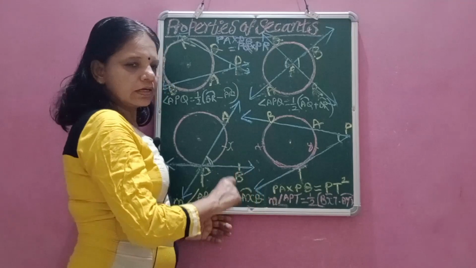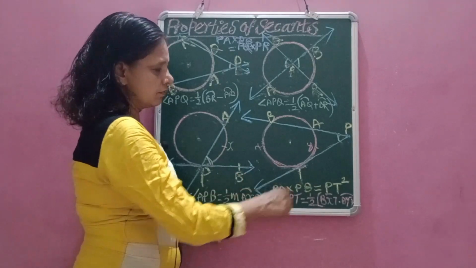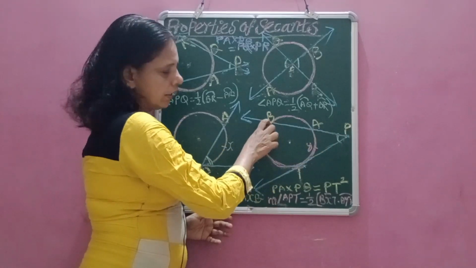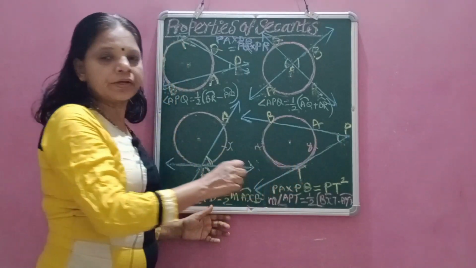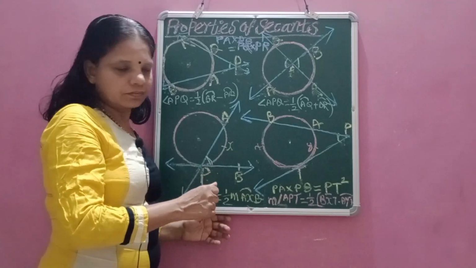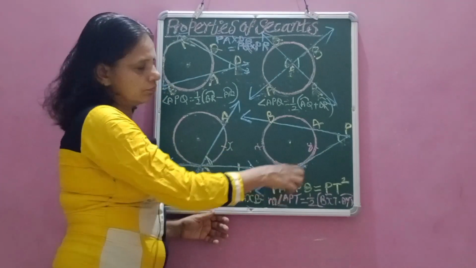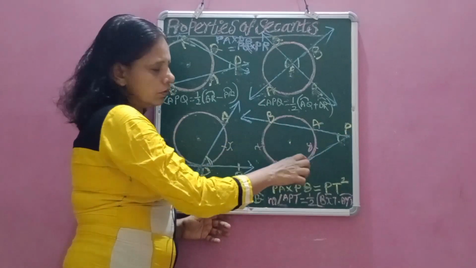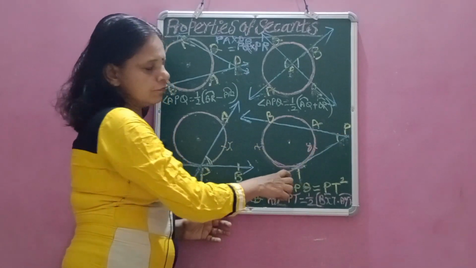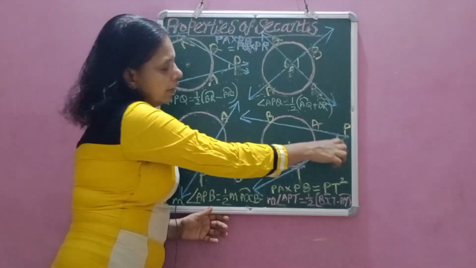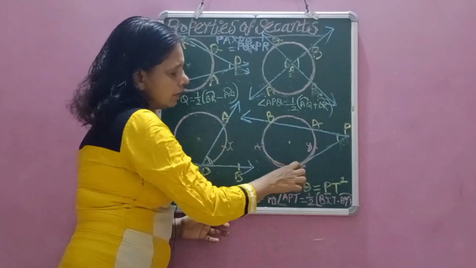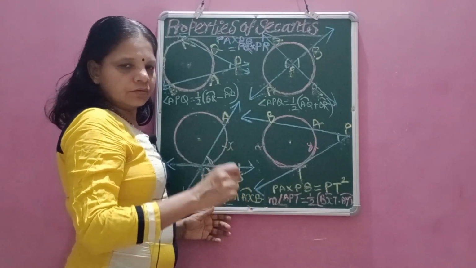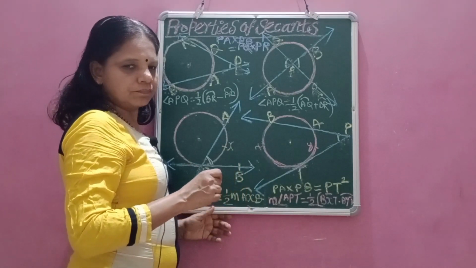In this, the relation between the segments is PA into PB equals PT square. Here only one segment is there. So PA into PB equals PT square. And the angle, that is angle APT, equals half the difference of the intercepted arcs.